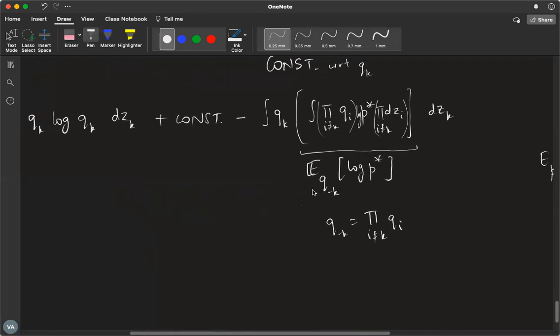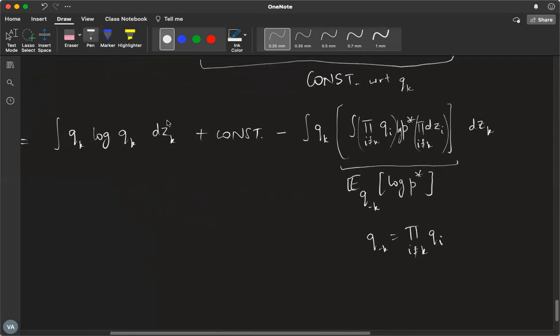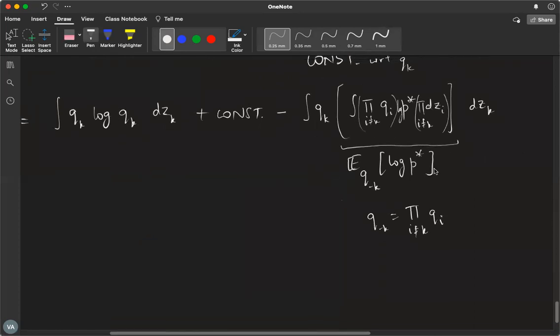Now let's try to combine these two terms. See, this is qk dzk, qk dzk, so this part and this part can be combined. How? This can also be written as a log of exponential of this thing.